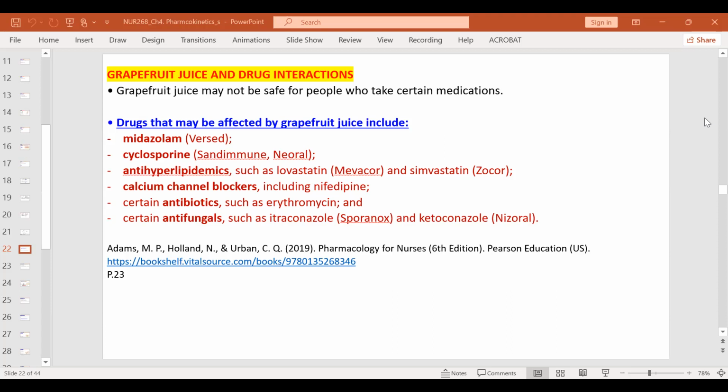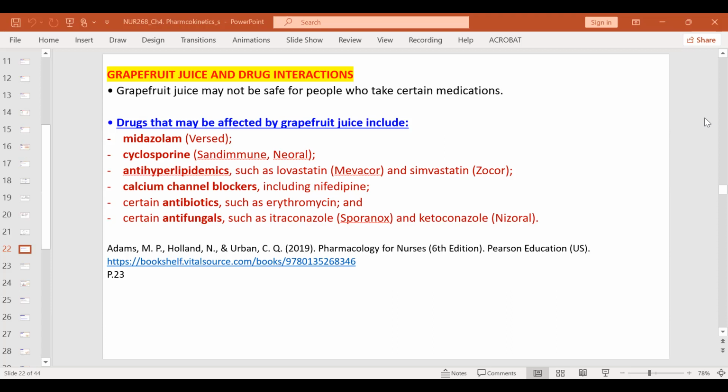The rationale is that there are chemicals in certain fruits like grapefruit. These chemicals, most likely the flavonoids, are responsible for increasing the intensity of the drug when it is taken with it.